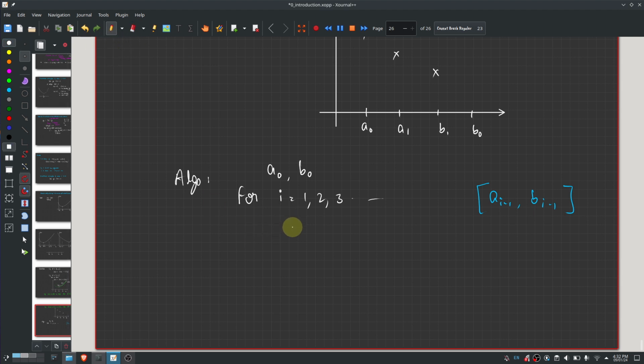So I choose, let's say, A_i' to be equal to A_{i-1} minus some delta. Okay, sorry, A_{i-1} plus delta. So basically I move to the right of A_{i-1} by delta. So initially I have A0. So from A0 I go to A1 by moving to the right by delta.